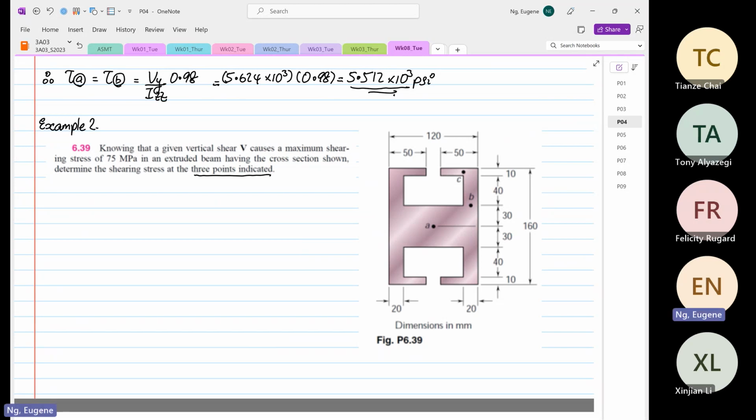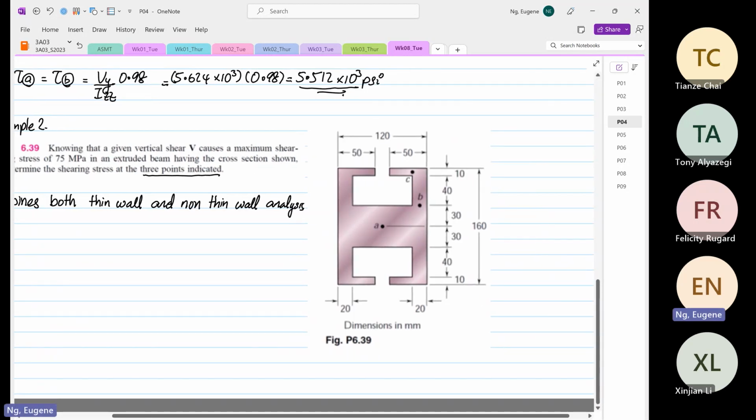So what we see over here is this structure, it combines both thin wall and non-thin wall analysis. Okay. So let me tell you why.